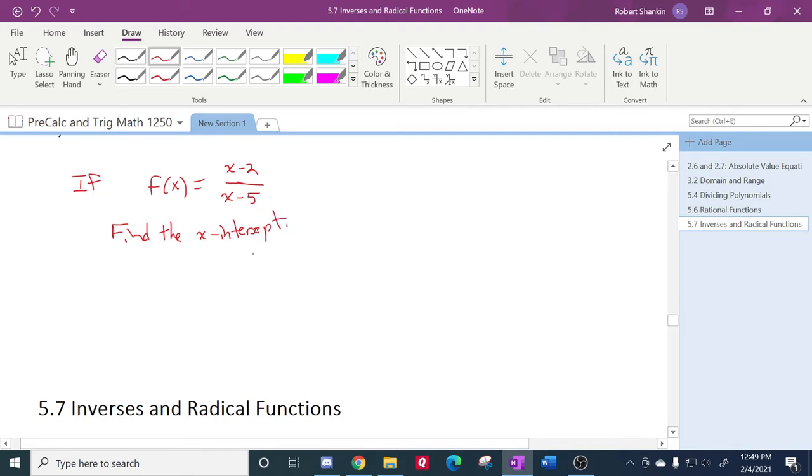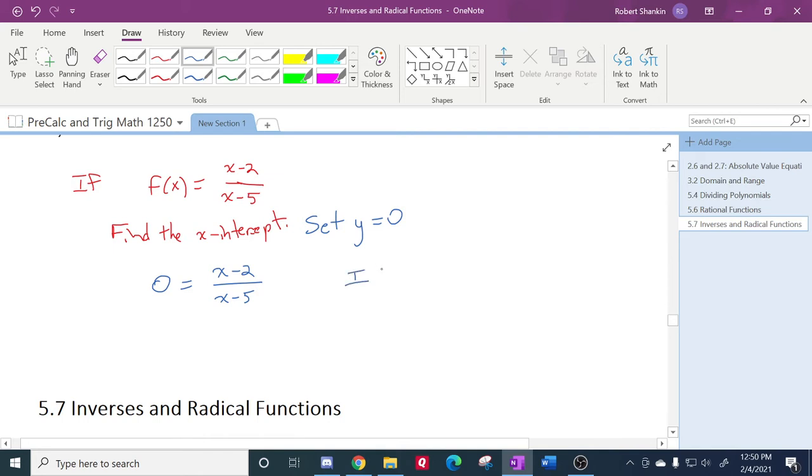Okay, now how do I find the x-intercept? You set the opposite letter y equal to 0. And then you get this equation, 0 equals x minus 2 over x minus 5.